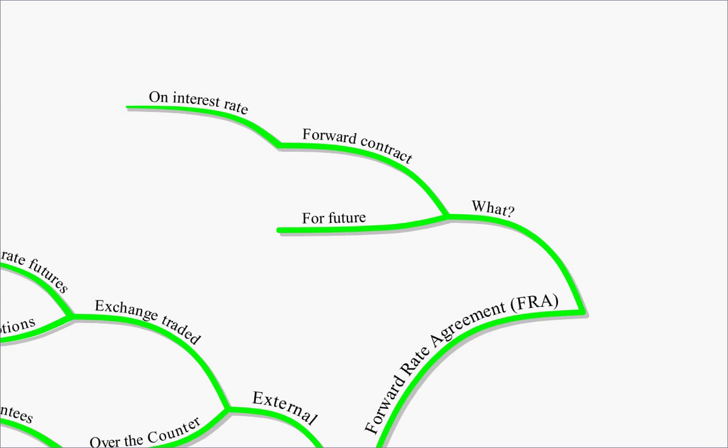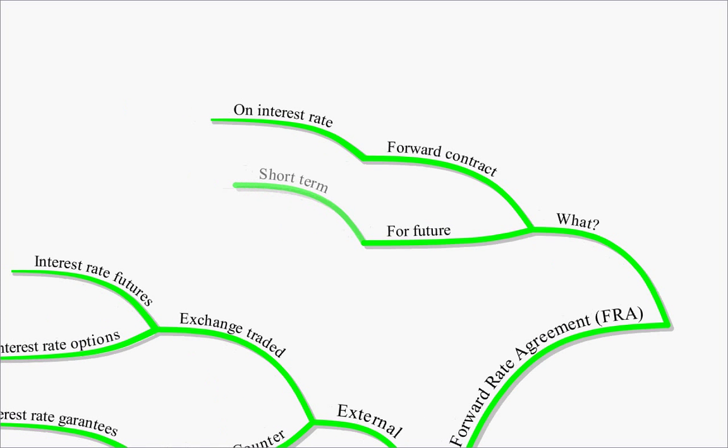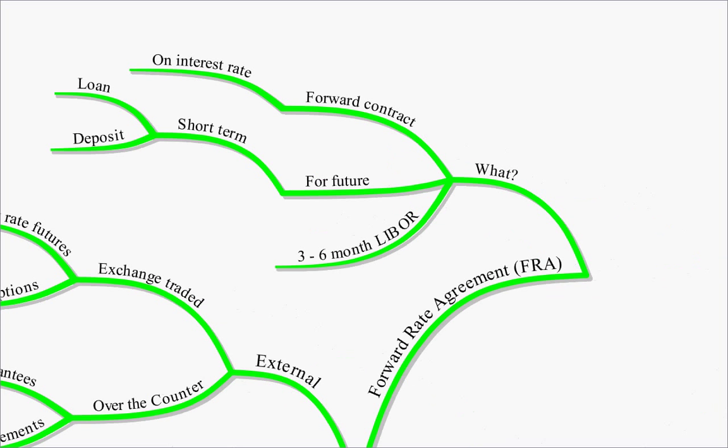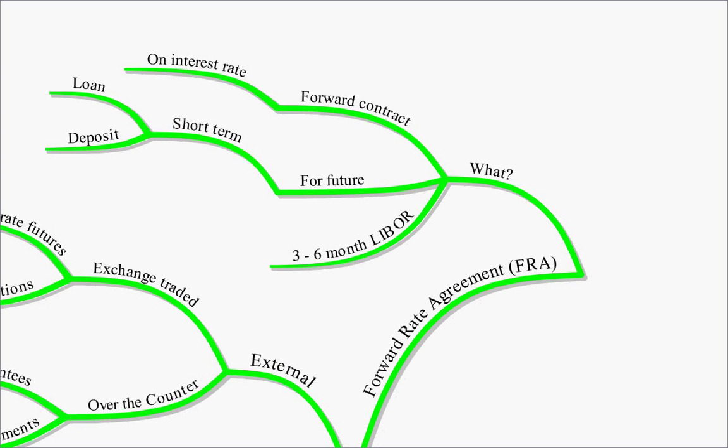It's short term generally, and it's usually for loans or deposits, and it's usually quoted at 3 to 6 months, and it'll be dependent on LIBOR, so LIBOR +1 or +1.5, something like that.